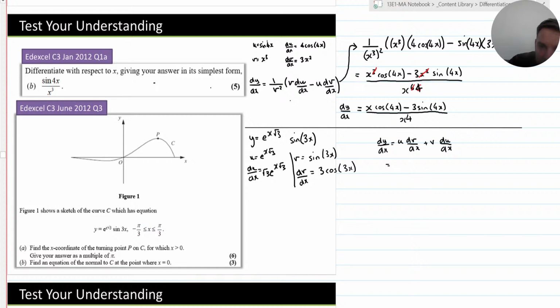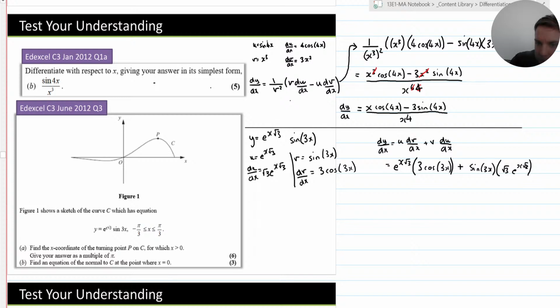In this case, u is equal to that e to the x root 3 times by dv, which is 3 cos of 3x, like so, plus the v, which is the sine of 3x, times by du by dx, which is the root 3 e to the x root 3. Woof. So I can probably simplify this.